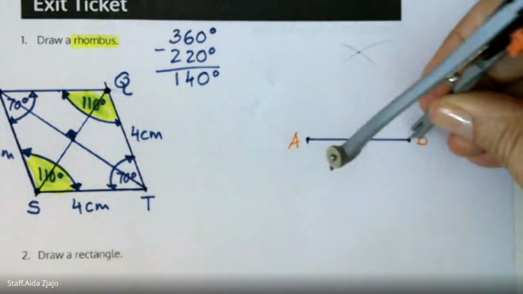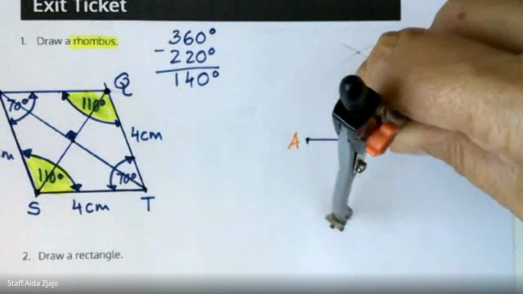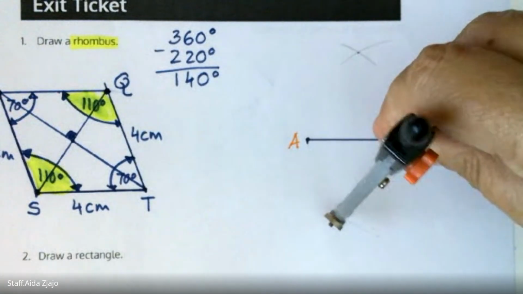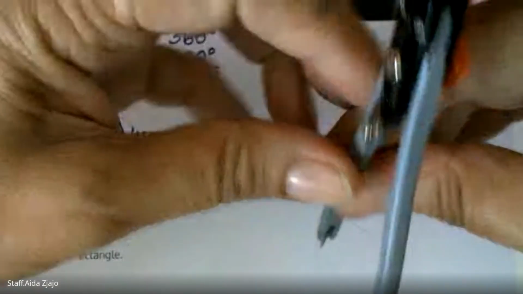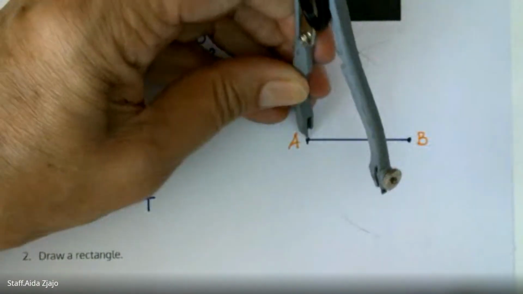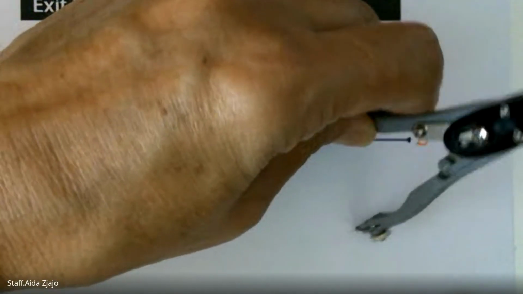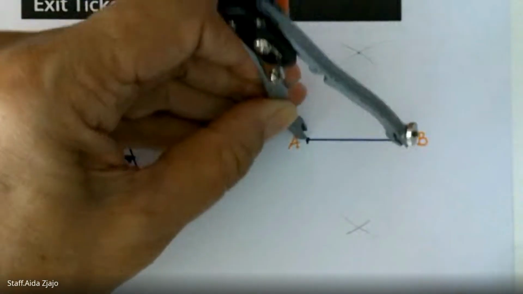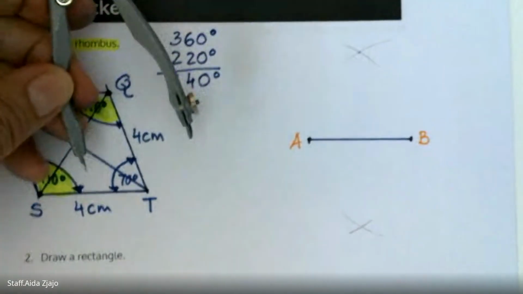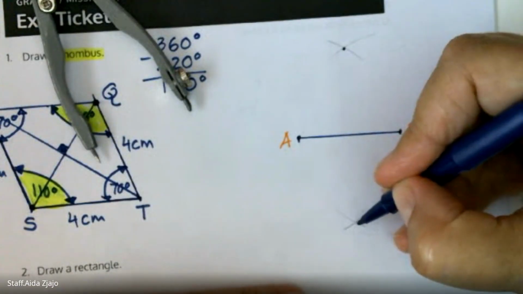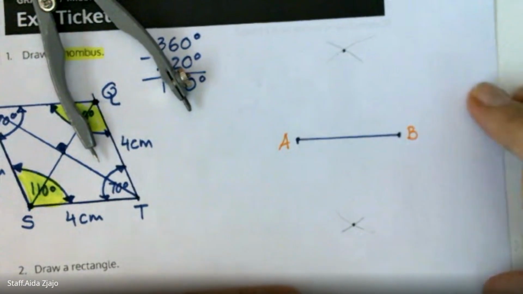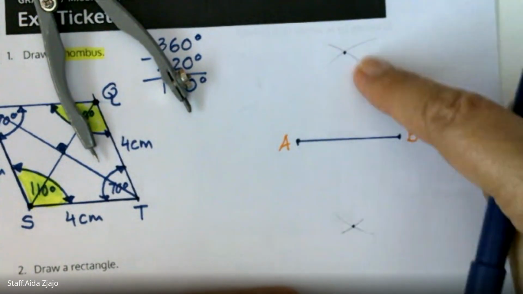So I'm going to do the same thing on the other side, a little bit of arc and a little bit of this arc. Okay. And now I created 2 points, and both points will make me another diagonal that bisects this one.